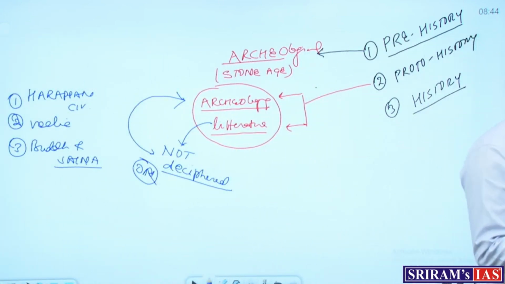Right? Either literature is not deciphered, or if it is deciphered, it is not in tune with the archaeology. Archaeology had some different explanation, or literature gives some different explanation. So this is called proto-history.